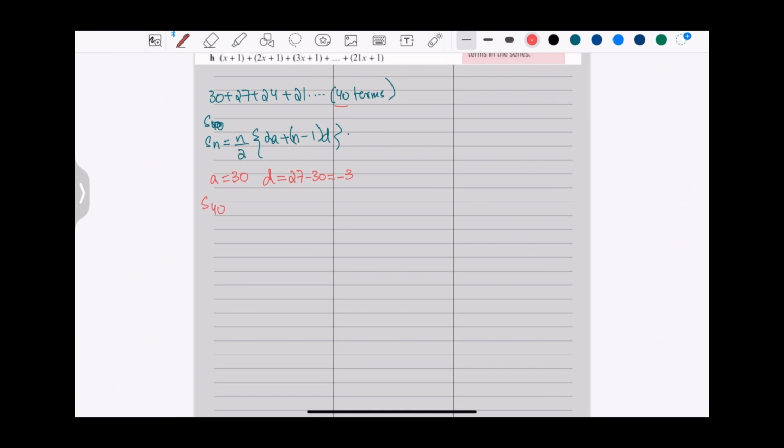So S40 is equal to 40 over 2 times 2 times a, which is 30, plus n is 40 minus 1 times negative 3. So S40 is equal to 20 times 60 plus 39 times negative 3.